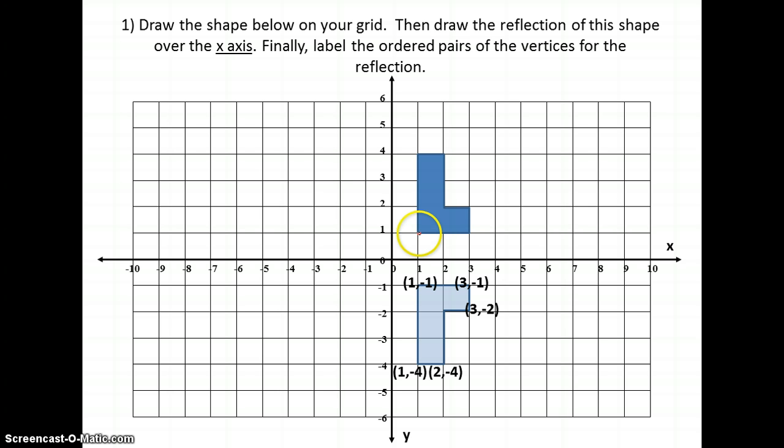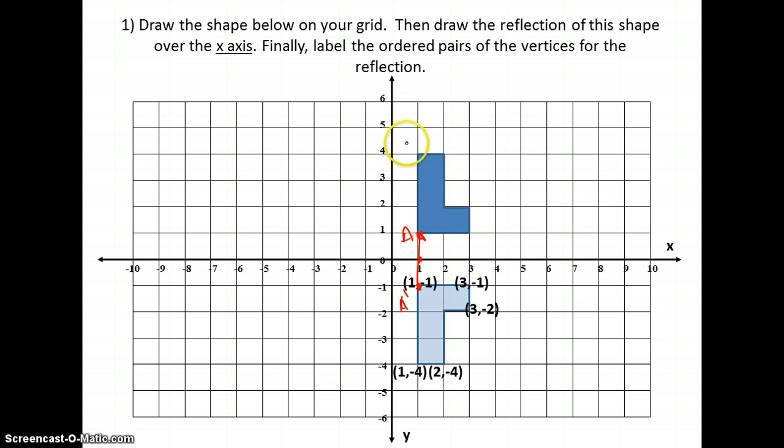Notice my original point was one space away from the x-axis, and we're going to call this point A. So my new point is also one space away from the x-axis. And since it's the new A, I'm going to call it A prime. And it looks like A with an apostrophe next to it.